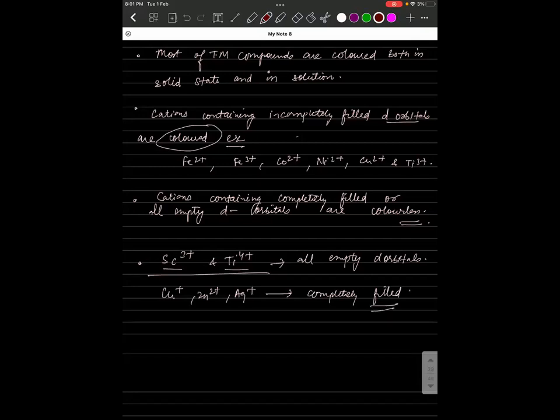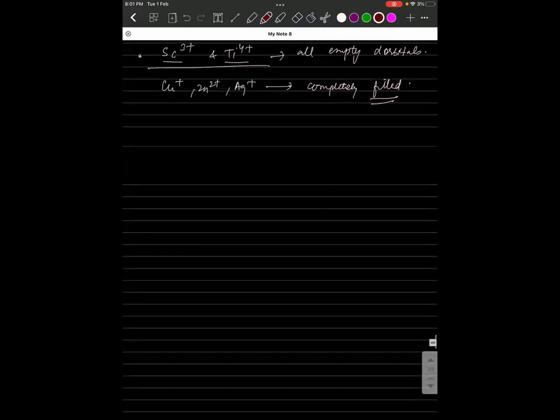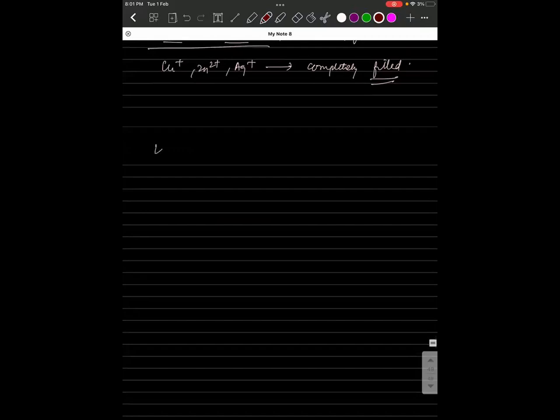Now what is the mechanism, what is happening which is making these compounds colorless or colored? The explanation for this is the color of the transition metal cations is explained using crystal field splitting.